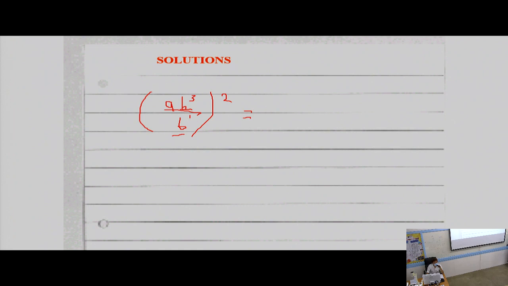Let's simplify. b to the power of 3 over b. What is b to the power of 3 over b?